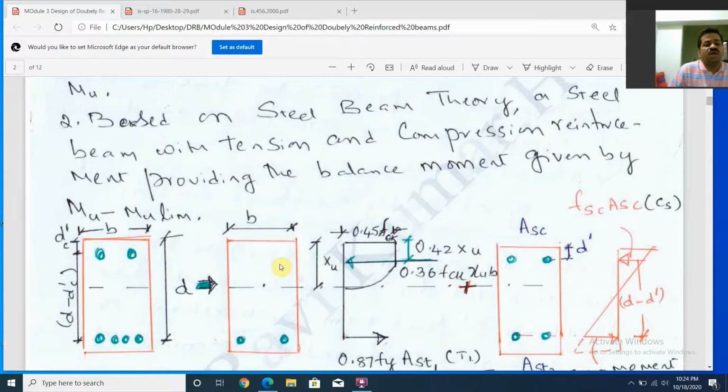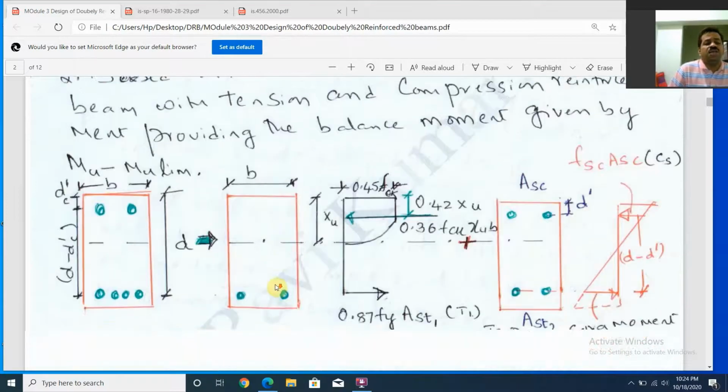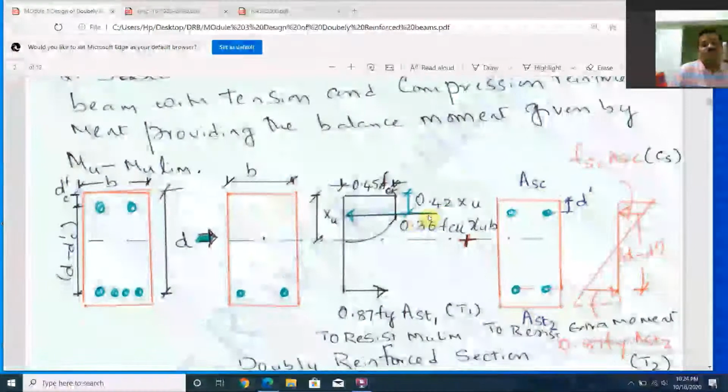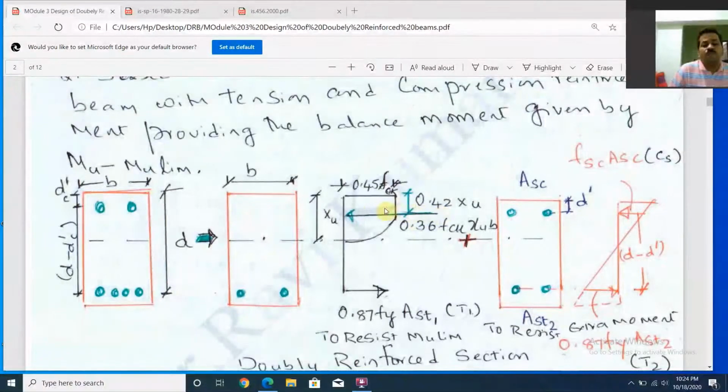Let us try to understand: a singly reinforced beam can resist only up to Mu limit, so for that we design for the balanced steel. What is balanced steel here? You have compression force Cu and tension force Tu. If Cu is equal to T1, then we say it is a balanced section.